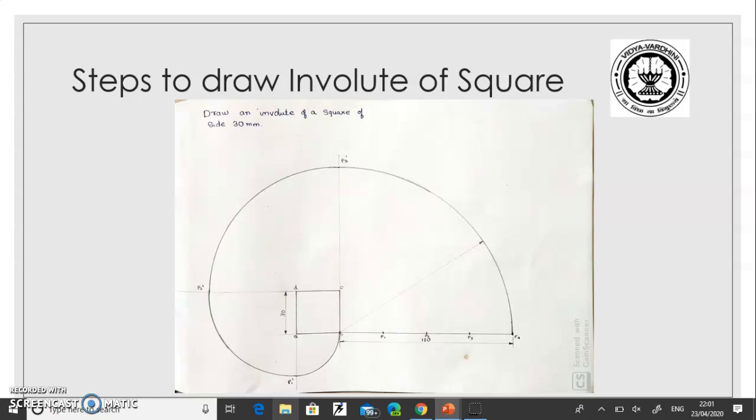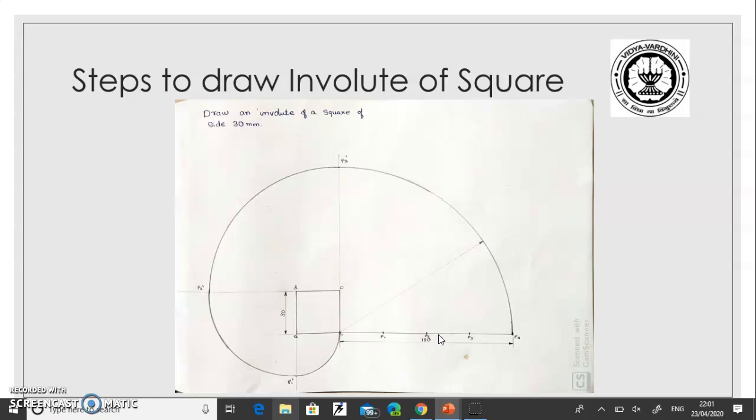So step by step you follow, pause the video, complete the drawing and then move towards the next step. Now in the question, it is also sometimes asked that you have to draw a normal and tangent to this curve. For example, it is at a distance of 60 from the base.